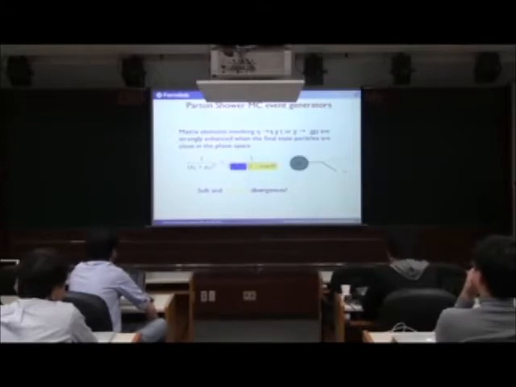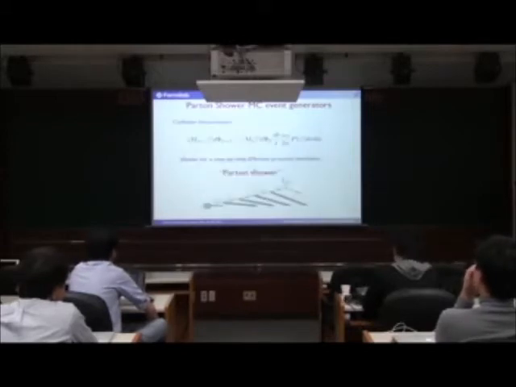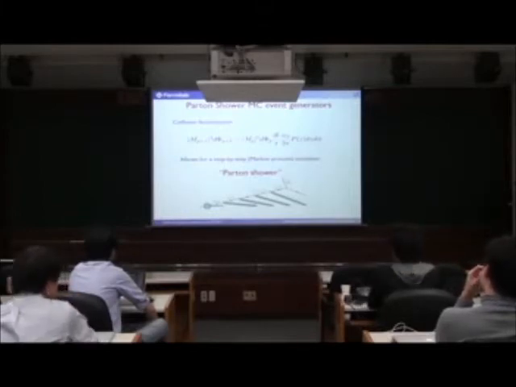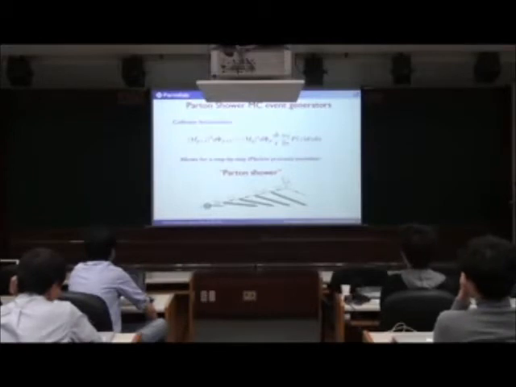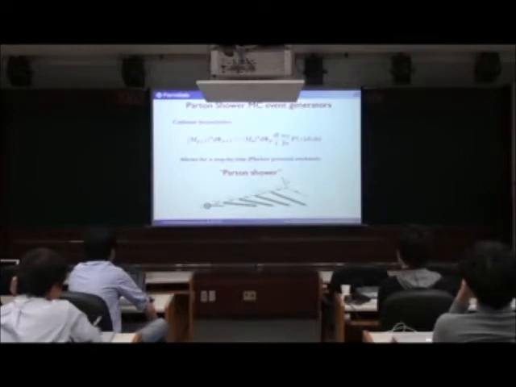What's really nice about the collinear divergence here is that the matrix element as well as the phase space approximately factorizes when you get very close, when you have collinear splitting.